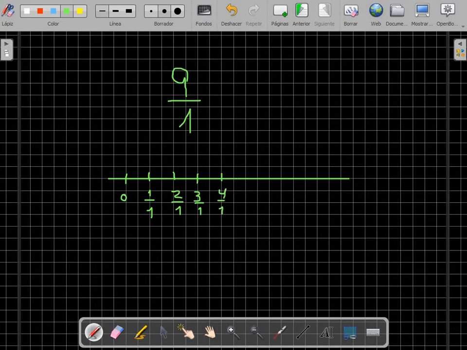Since every fraction is also a division, all of them are simply 1, 2, 3, 4, 5, 6, 7, 8, and 9. There it is, the fraction 9 first.